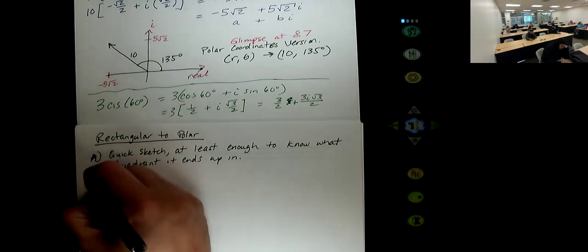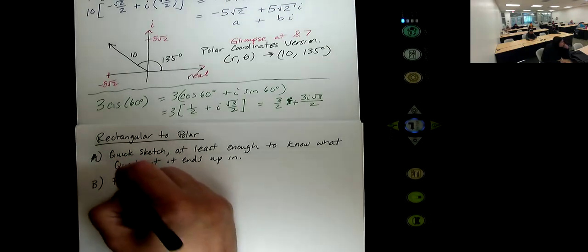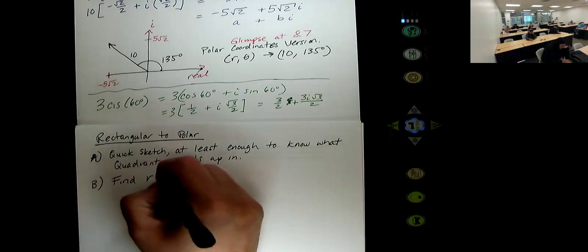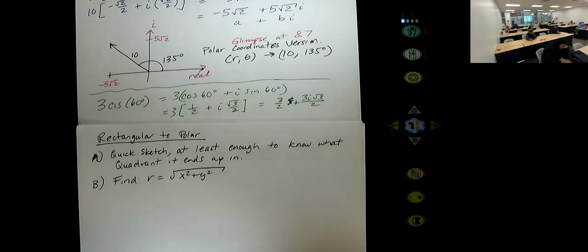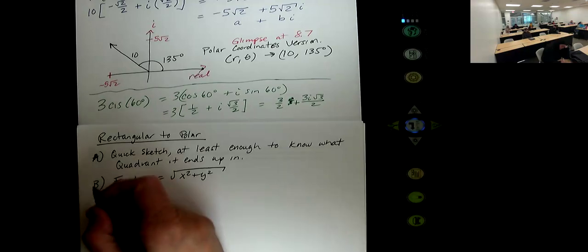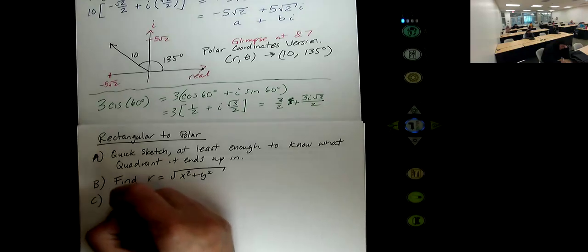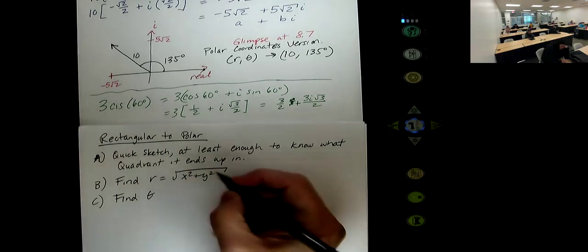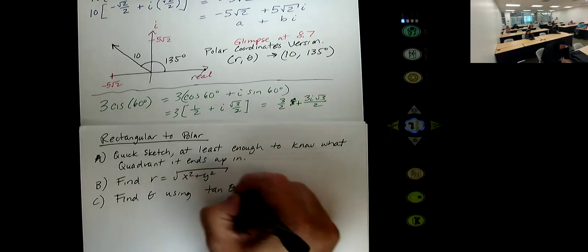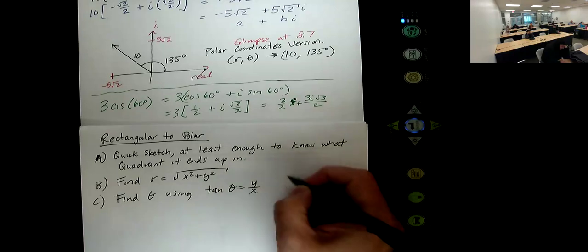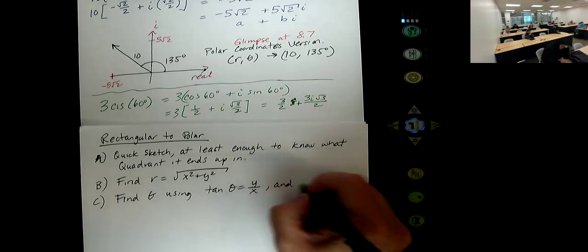Then we're going to find r using the square root of x squared plus y squared. And C, find theta using tangent theta equals y over x, and the quadrant from part A.